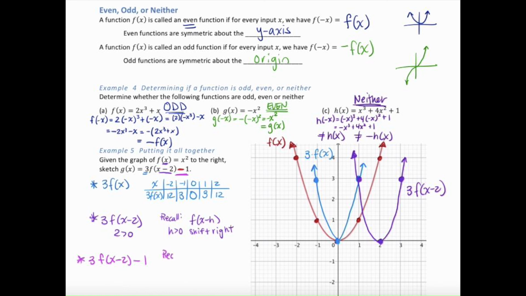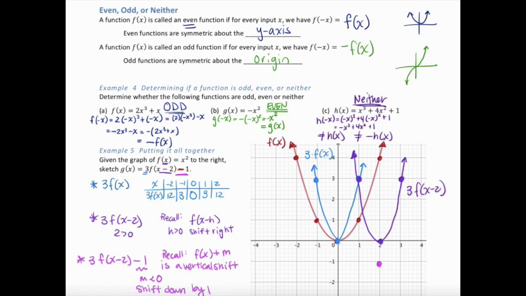So from the last video, recall f of x plus h is a vertical shift. And I used h already, so let's use a different variable. Let's say plus m. And in this case, m is less than 0, so we shift down by 1.